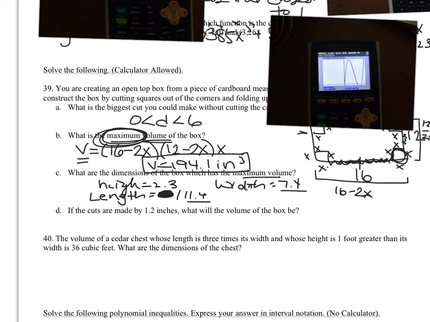Now letter D says, if the cuts are made by 1.2 inches, what will the volume of the box be? So now it's saying x is 1.2.